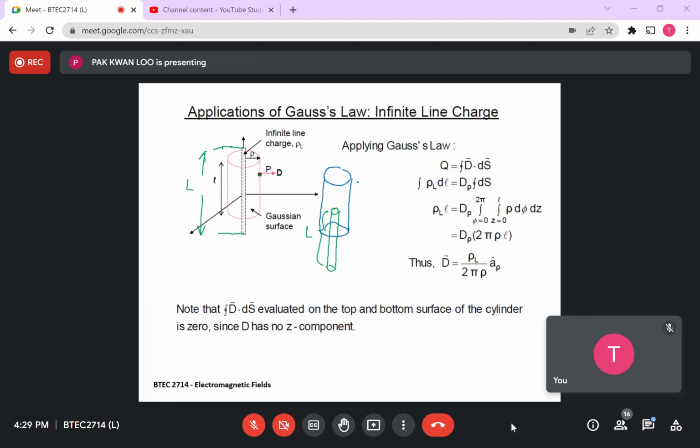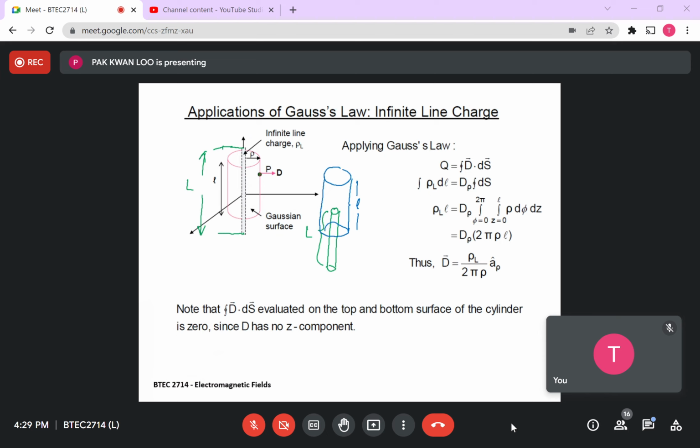Somewhere here, which is small letter L. Again, as I said, imagine yourself standing on the surface and observing at any point.